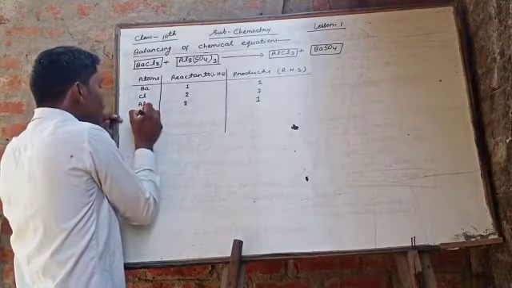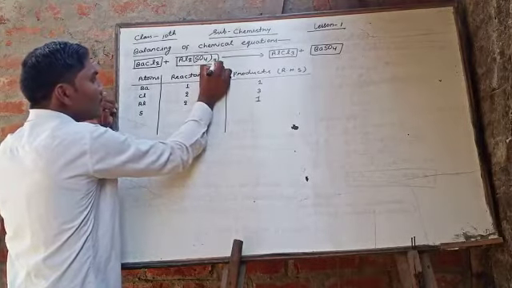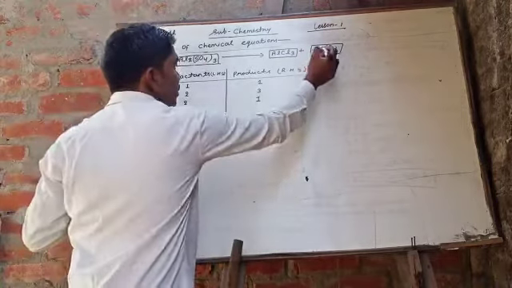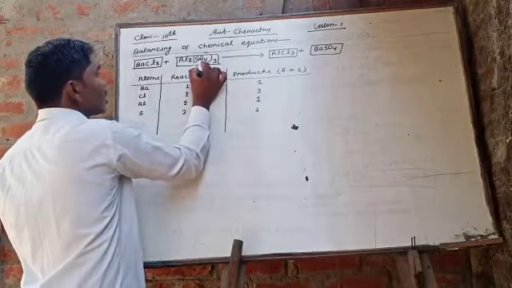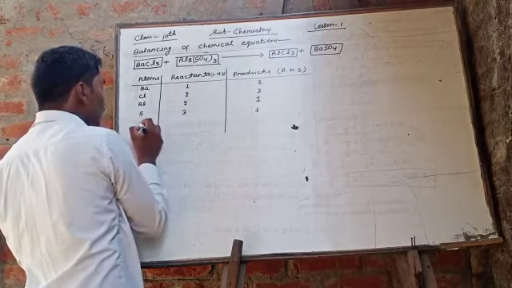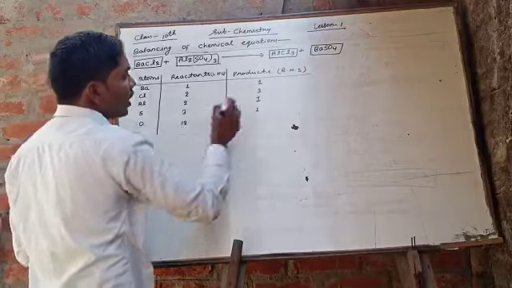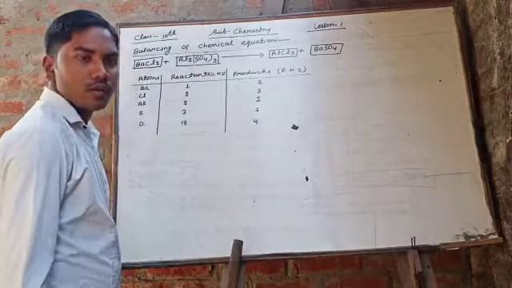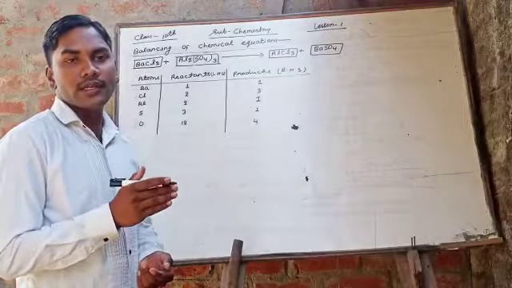In the sulfate ion, it is sulfur and outside of this bracket there is 3, so sulfur is 3 in the reactants. In the products it is only 1. And at last, oxygen. Here it is 4 and these 4 3s are 12, so oxygen is 12 in the reactants and in the products it is 4. So we have written the number of atoms in reactants and products.